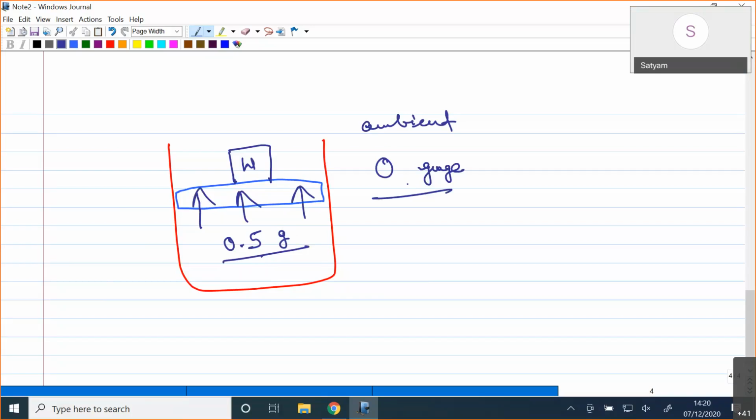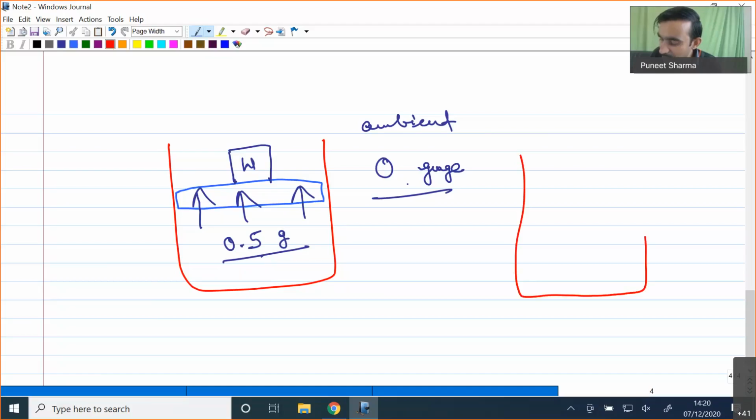So what is the physical significance of negative gauge pressure? How can we understand it? Negative means the piston will be moving inside, that is, it has a suction pull. Yes. For example, take the same piston-cylinder arrangement with some gas inside.